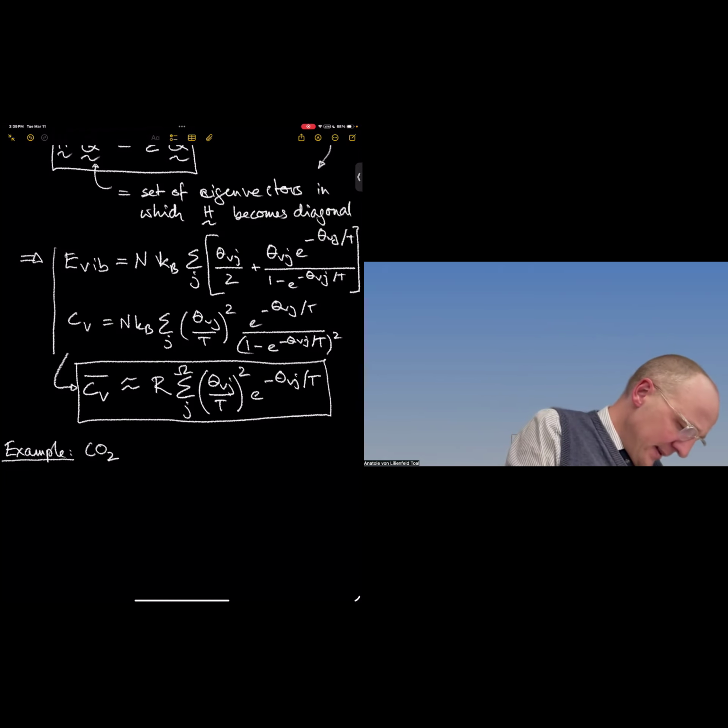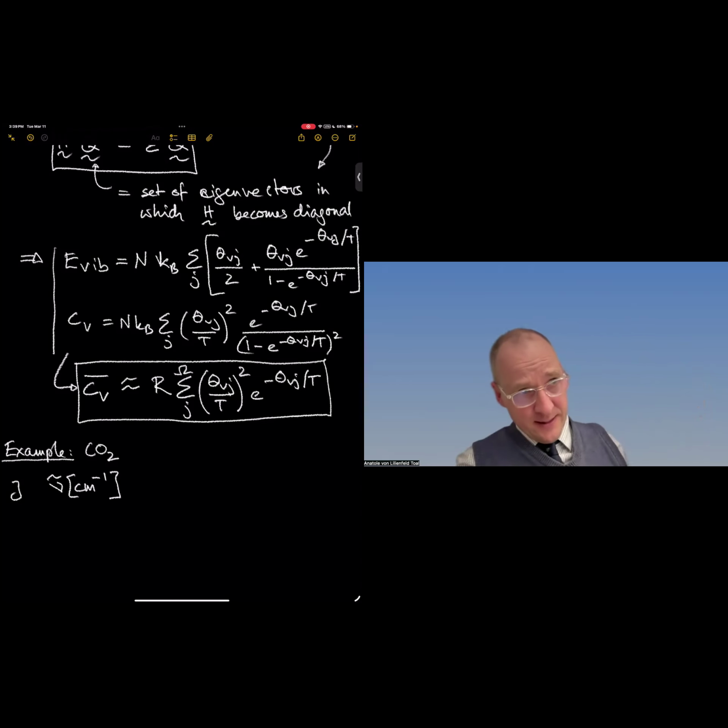So let's note down the mode, the frequency, and this is in inverse wave numbers. Right? This is a common measure. Now, with Planck's relation and knowing the speed of light, you can convert this to energy.